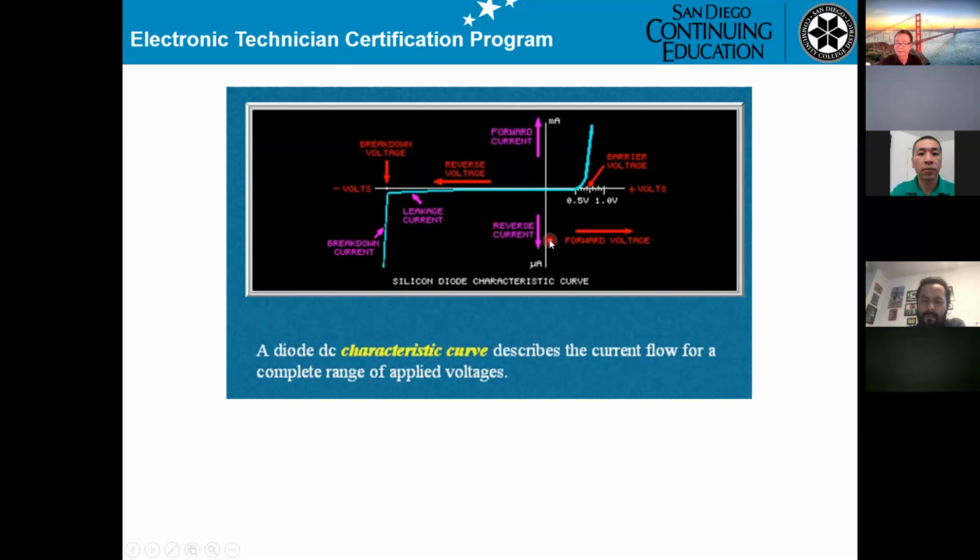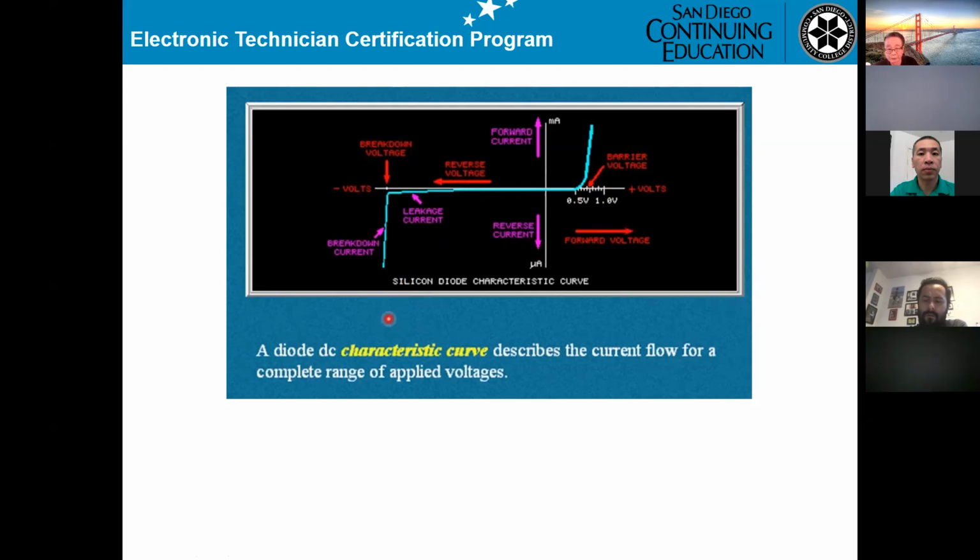So that's why they say a diode is a non-linear device. That means current increases while voltage does not, or voltage increases while current does not. That will be non-linear. However, a resistor is a linear device.